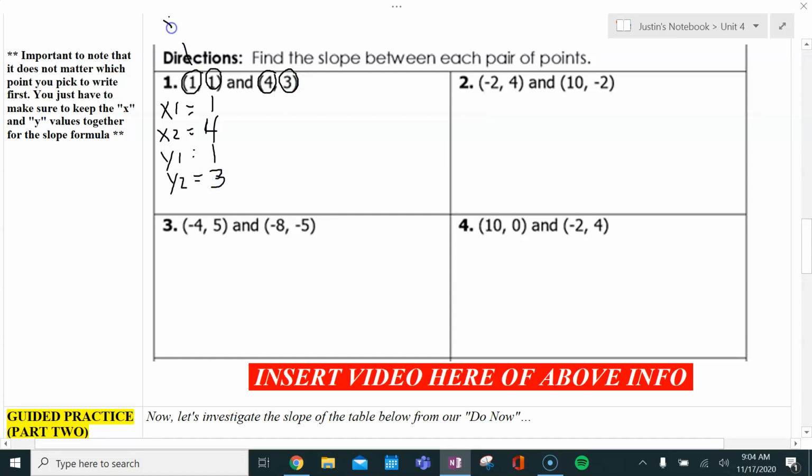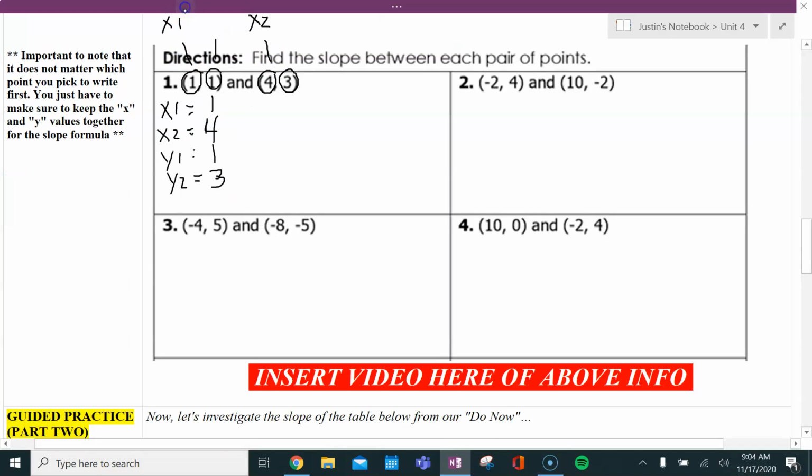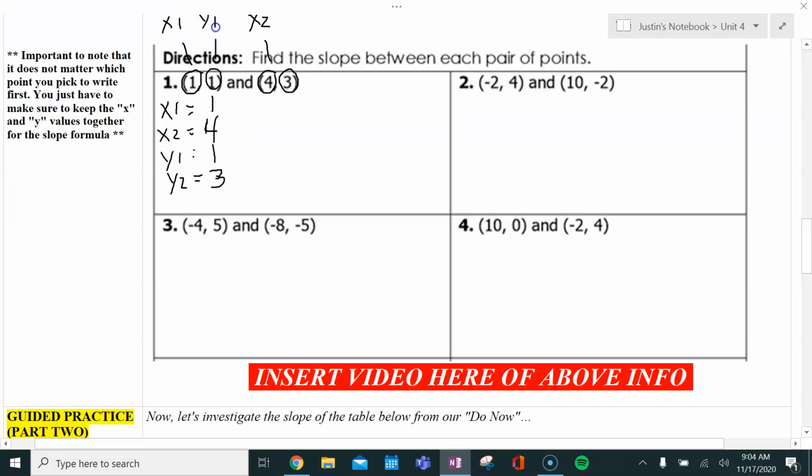Because we write an ordered pair as x, comma, y, x always comes first and y comes second. An easy way to remember this is that x comes before y in the alphabet.